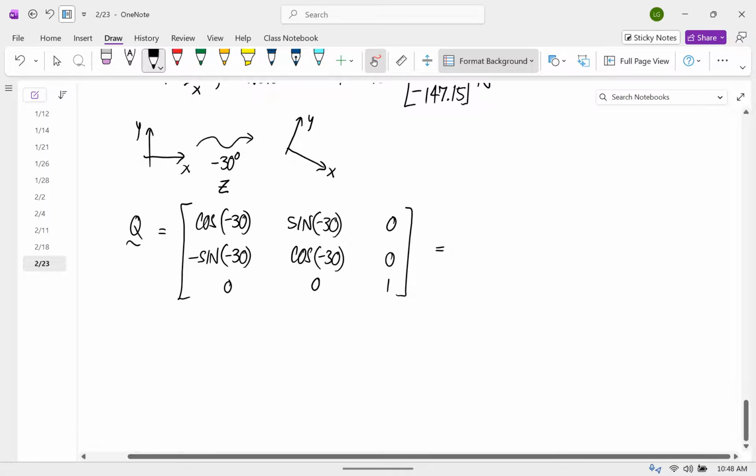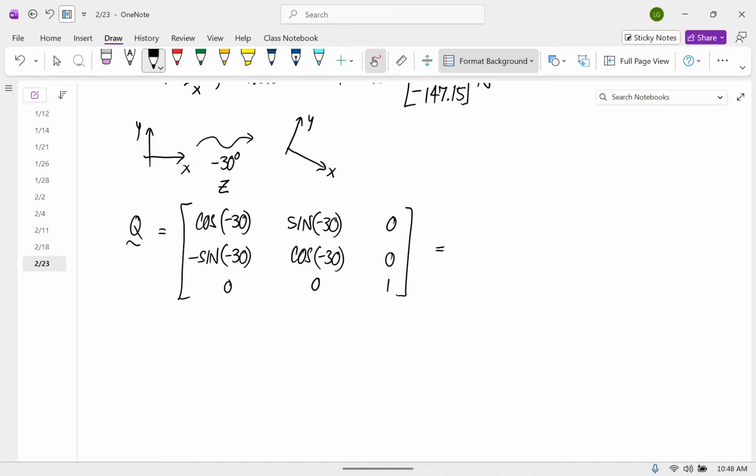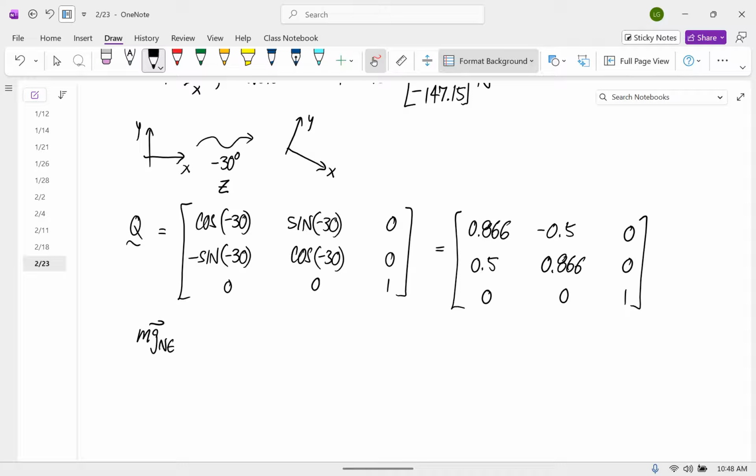Since all our rotations are about z, you can also do this as a 2x2. So this would be 0.866, negative 0.5, 0, positive 0.5, 0.866, 0, 0, 0, 1. And we're going to multiply it. So our mg in the new coordinate system is that Q matrix times 0, negative 147.15, 0.